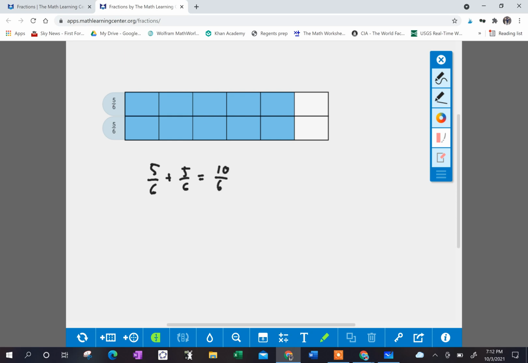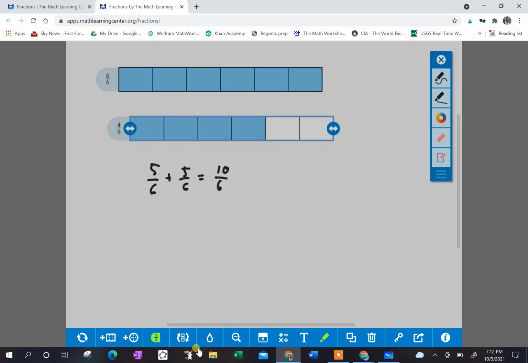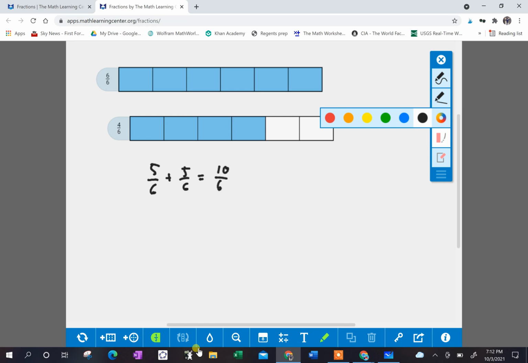If I were to take 1 away from here and give it up here, that would be 1 whole. This is 1 whole and 4/6. So it looks like she eats in a day 1 and 4/6 cups of food.